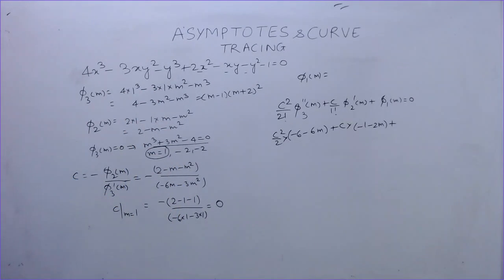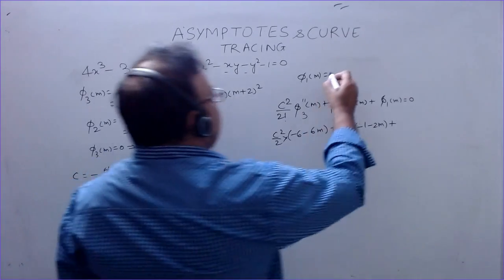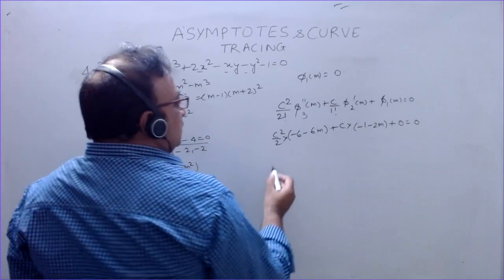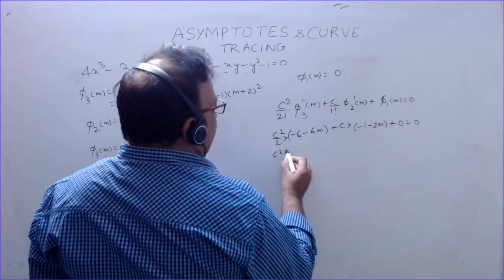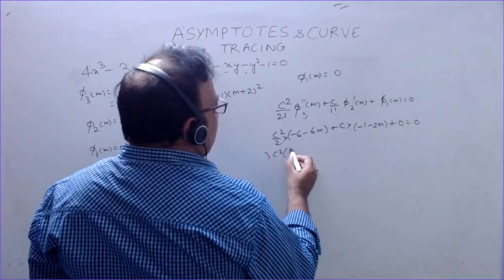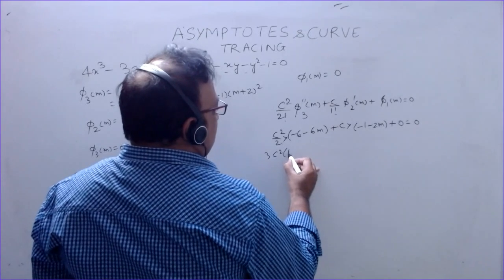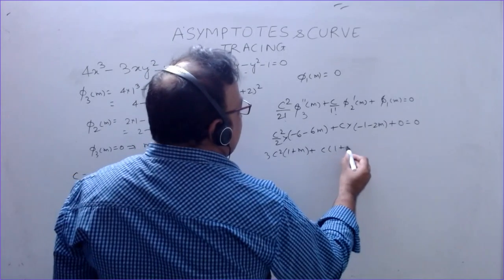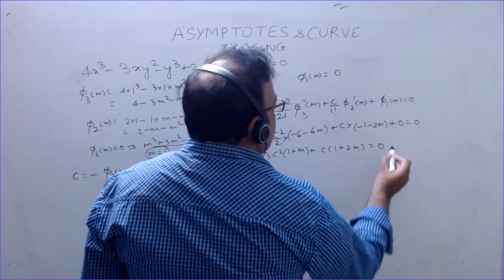There is no first degree term in the equation, so phi 1 m is 0. So we can write 3c square into 1 plus m plus c into 1 plus 2m equal to 0.